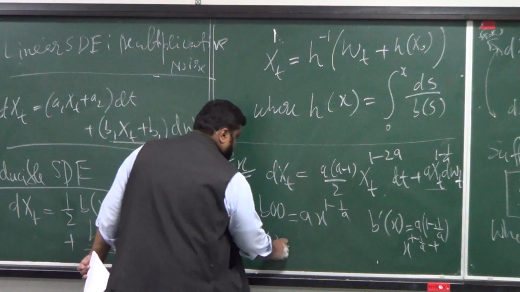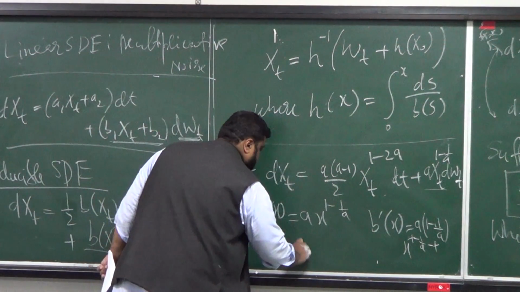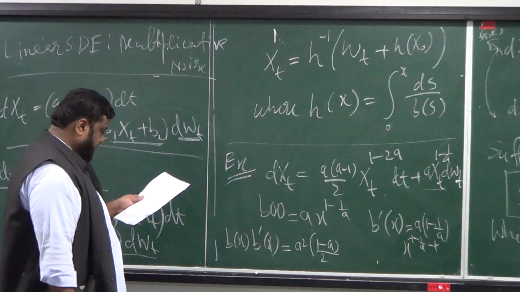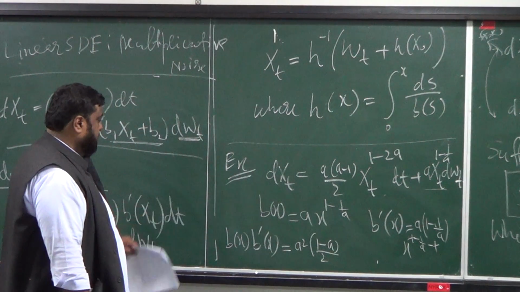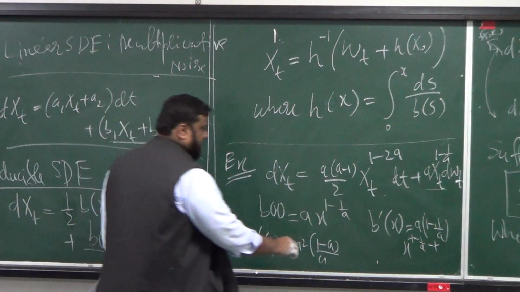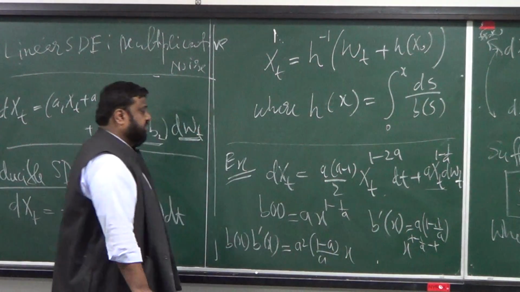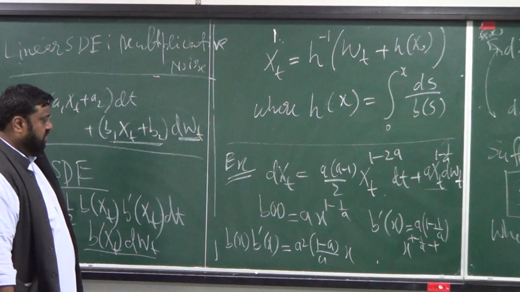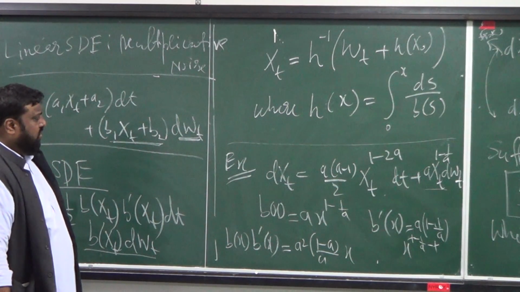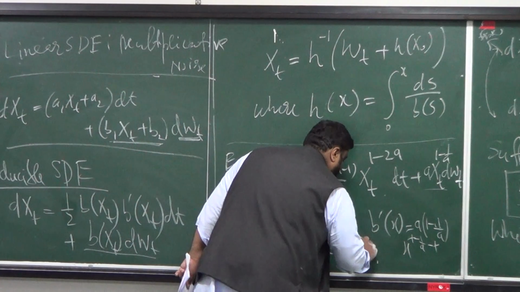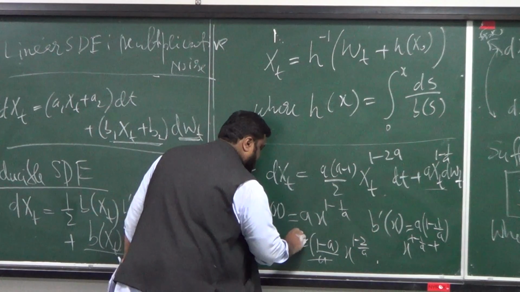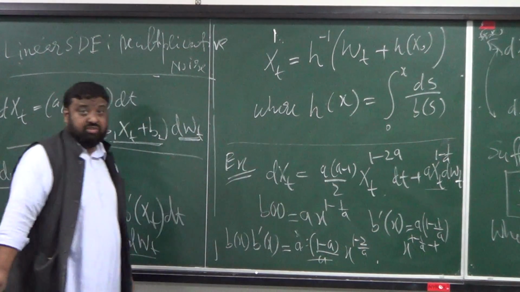It's going to be a squared times (1 minus a) over a, and x raised to 1 minus 2 over a. And you can cancel this and this, so you have a times this.